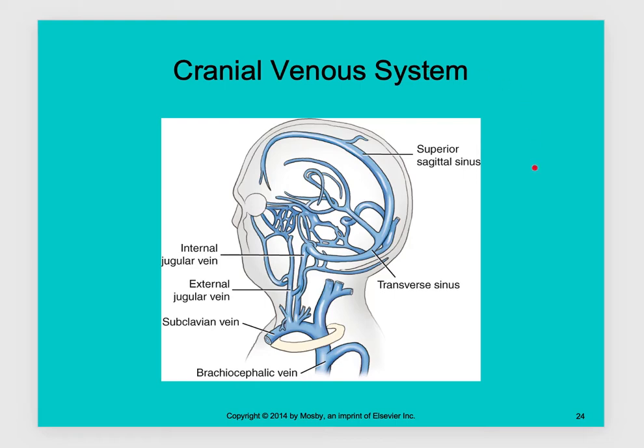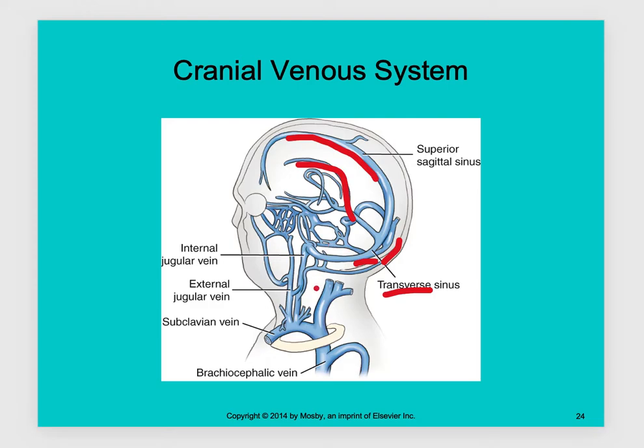So the cranial venous system, once again, is just another image of what we'd kind of talked about. So you have your superior sinus, you have your inferior sinus, you have the confluence of sinuses, a transverse sinus that they didn't talk about before because you couldn't see it.